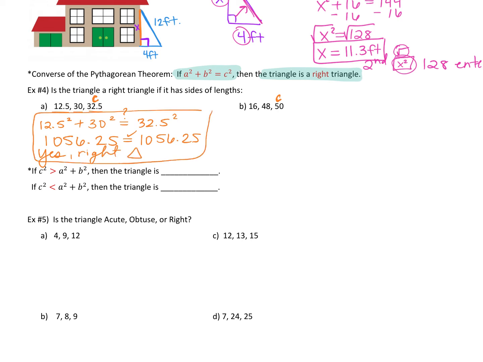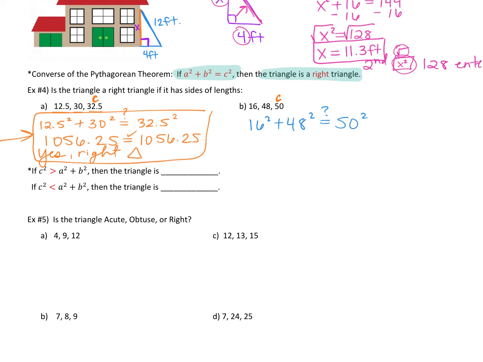Okay, and make sure you have the work there to show me why. You don't need to explain it in words. If you show me this, that's all you need. So letter B, then you have 16 squared plus 48 squared should equal, does it equal 50 squared?